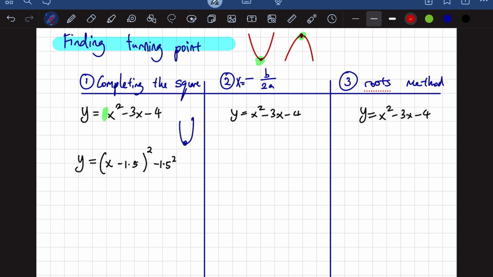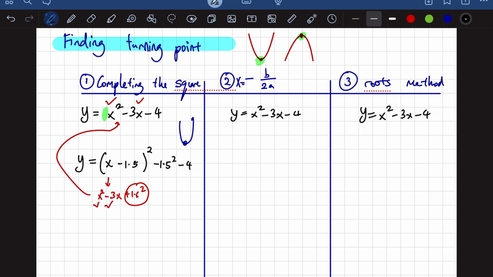It doesn't exist in the original equation. If you look at the expansion, you see I got x squared minus 3x plus 1.5 squared. Essentially I'm trying to remove that extra term that doesn't exist above. I only have x squared minus 3x, there's no 1.5 squared. So I have to remove it to make sure that the equation is balanced.